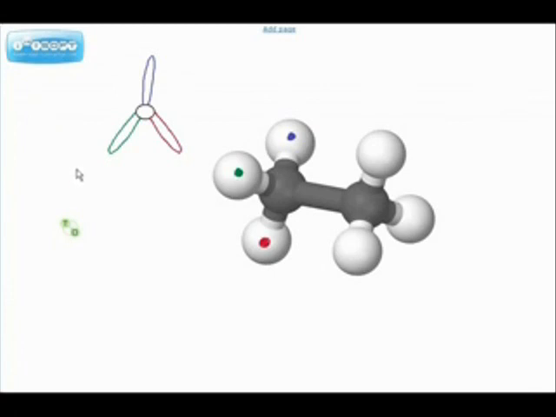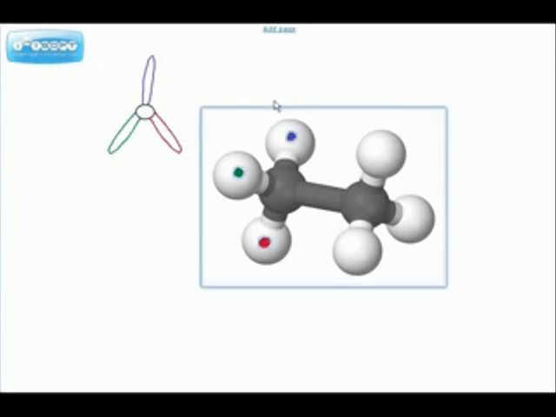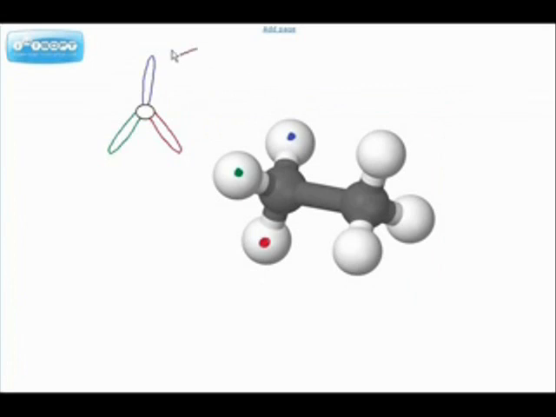If we were to compare these two objects, and we were to say that each color-coded hydrogen is going to correspond to one of the propeller blades on this propeller, where obviously this corresponds to the blue hydrogen right here, and this green one will correspond to the green hydrogen.